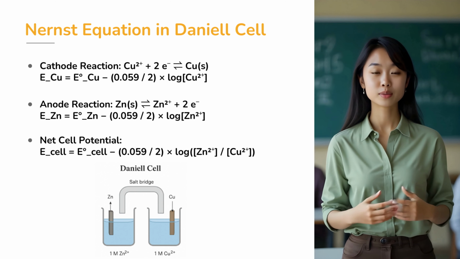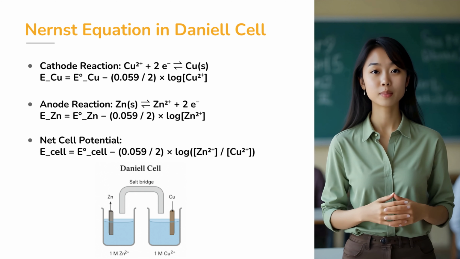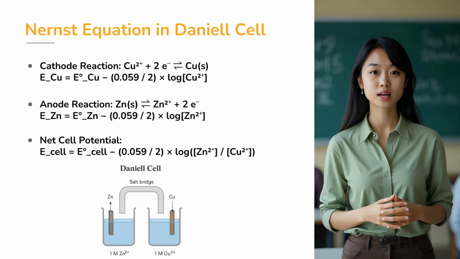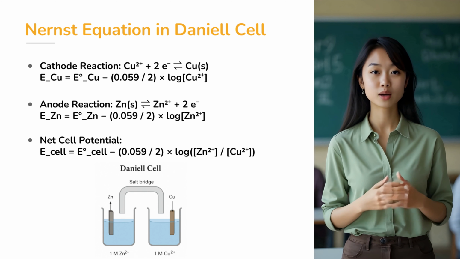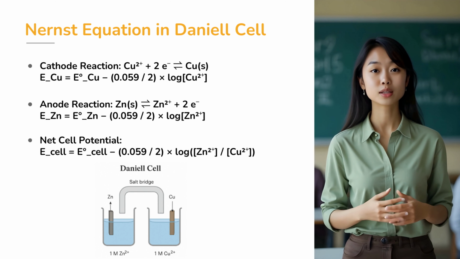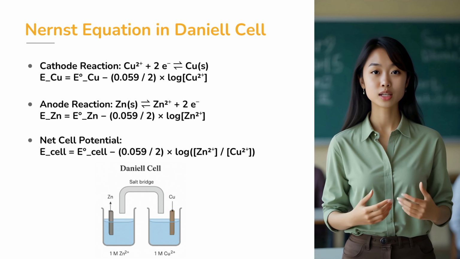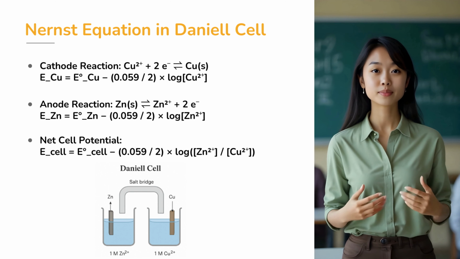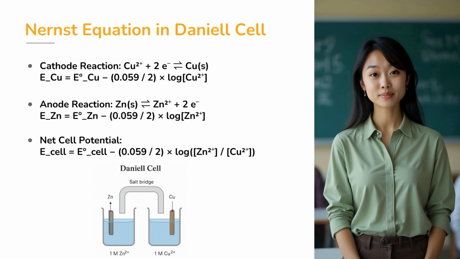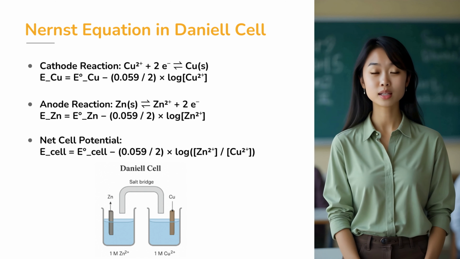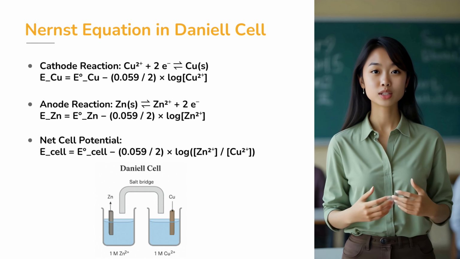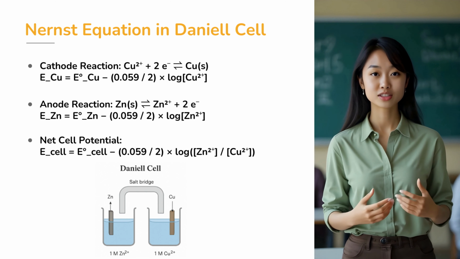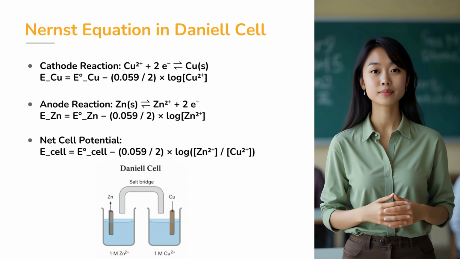The final form says the cell potential equals the standard cell potential minus 0.059 divided by 2 times the logarithm of the concentration of zinc 2+ divided by the concentration of copper 2+. What does this mean? Increase copper ion concentration and the voltage goes up. Increase zinc ion concentration and it goes down.